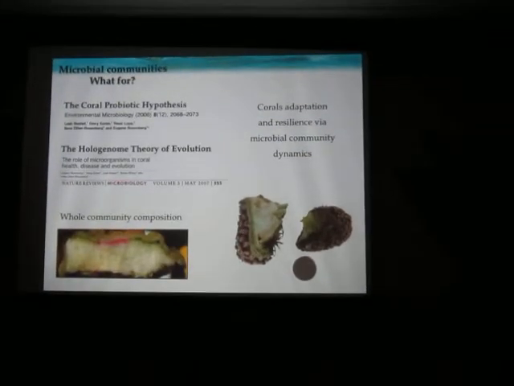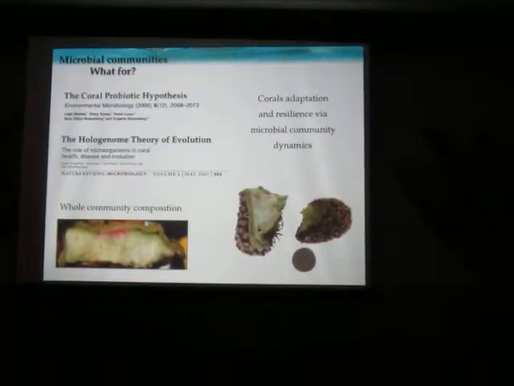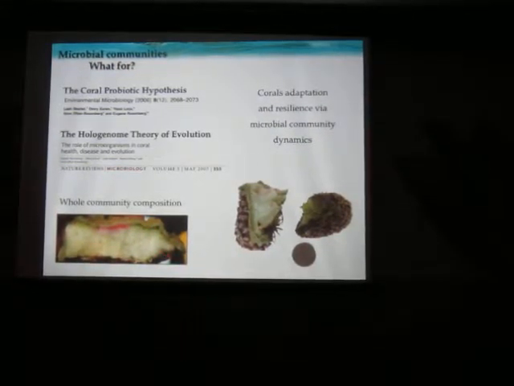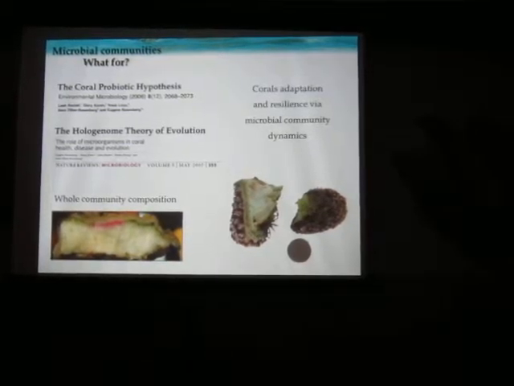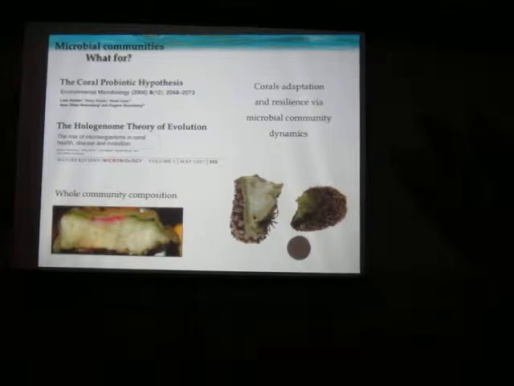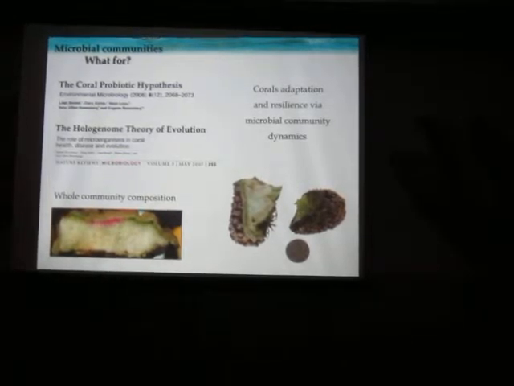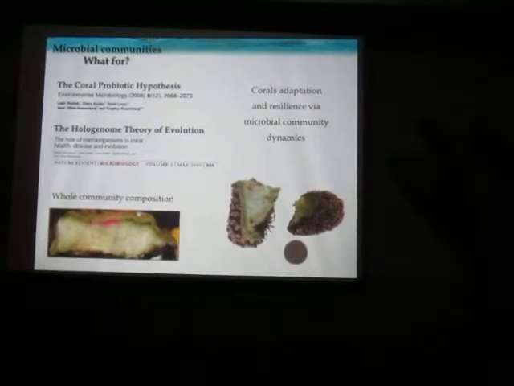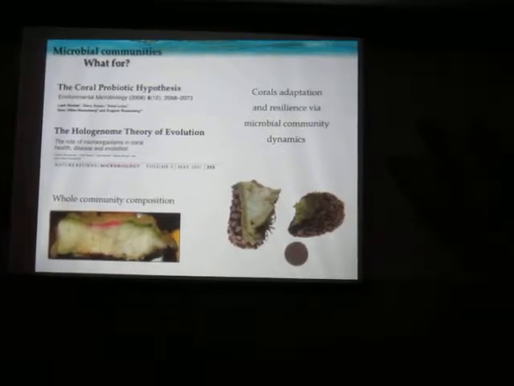This was called the coral probiotic hypothesis, and it led to the development of the hologenomic theory of evolution, which says that the actual unit undergoing natural selection is not the individual organism itself, so not the coral itself, but the genome of the coral plus the genome of all its associated microorganisms, right? The whole genome. The problem is that we don't know enough about these communities.